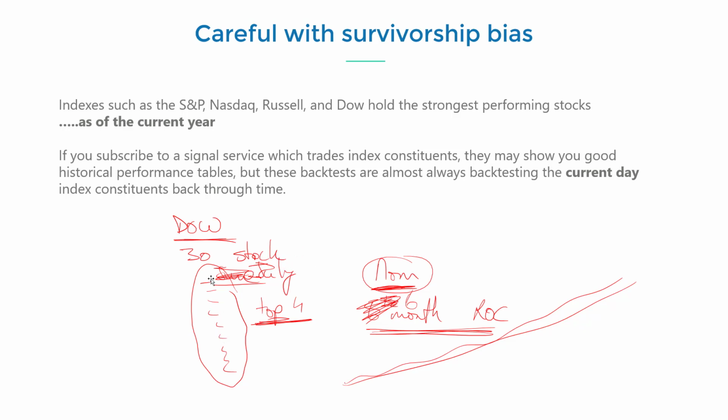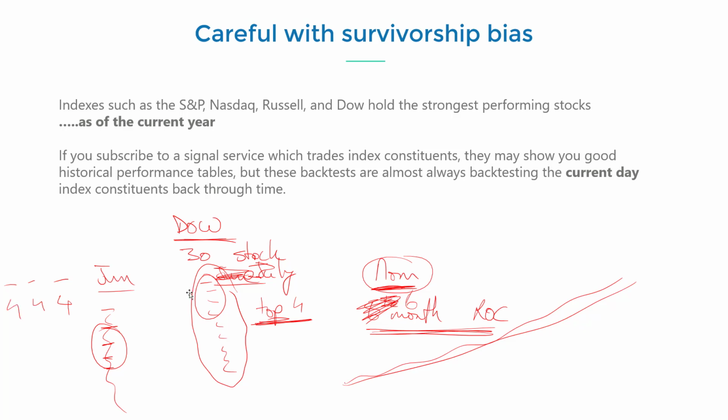In July, they would have looked at the change from June to July, picked the top 4 stocks, and you'd be invested in those right now. Then on June 1, they would have done the same thing. You've got the 30 stocks, they would have picked the best 4 top performing stocks. They may have been something different, let's say these ones down here, and you would have been invested in those. In prior months, same thing. Top 4, top 4, top 4.